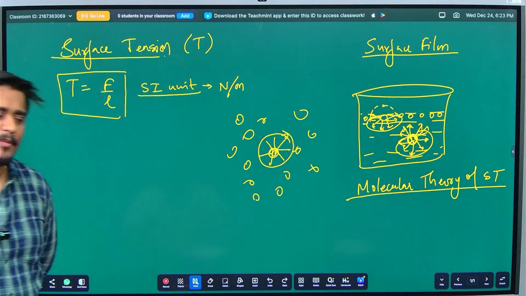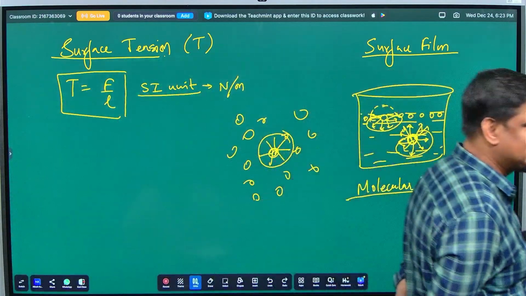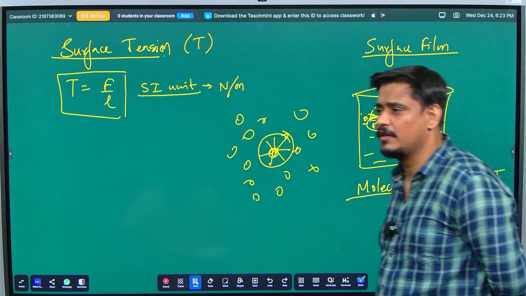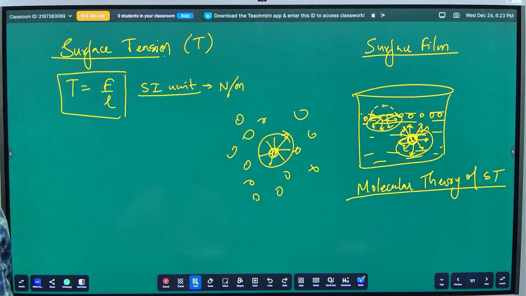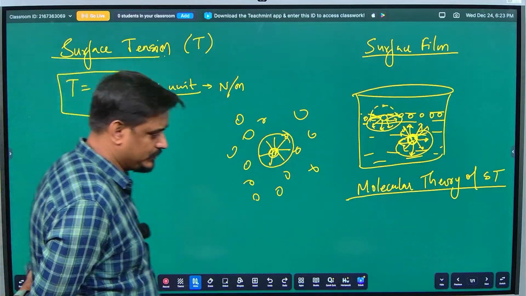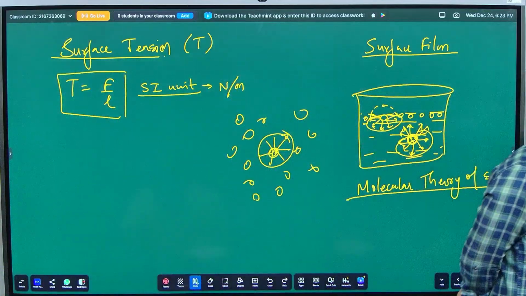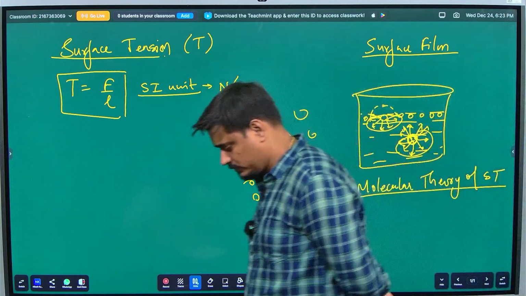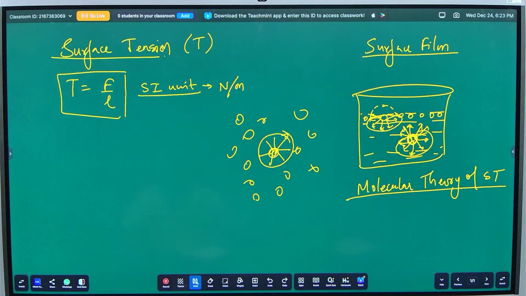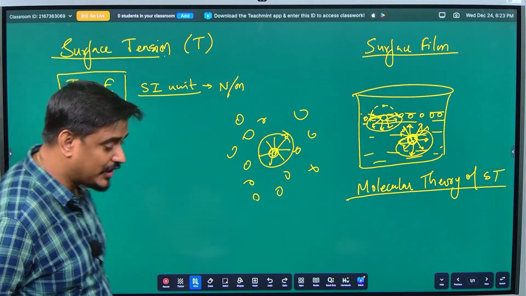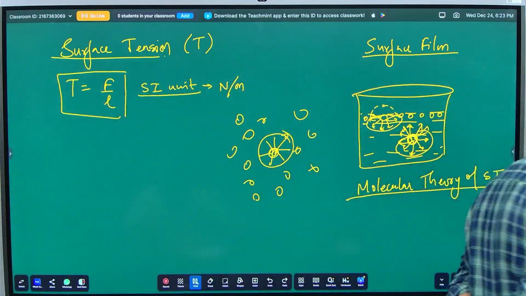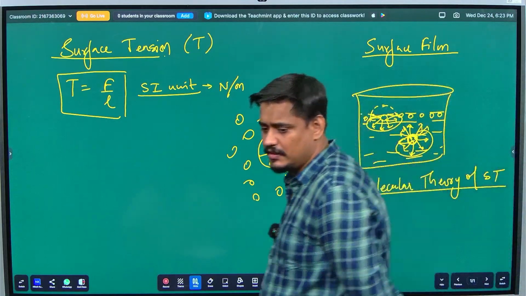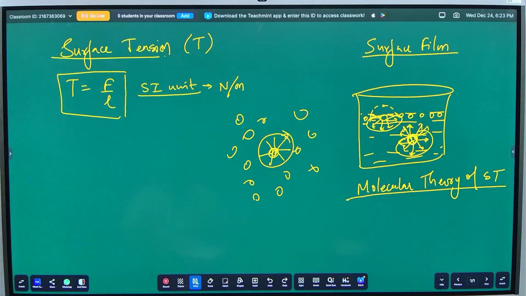To increase their stability, the molecules in the surface film try to have less surface area to reduce the energy.